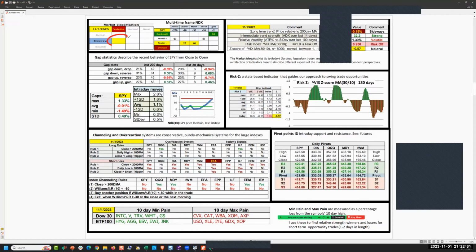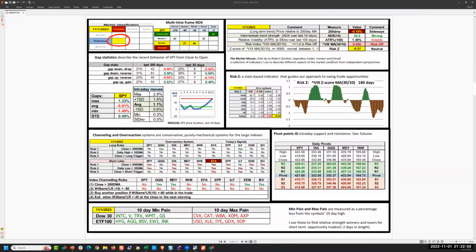We are in such a compound critical state. Sideways volatile, as I have said, is the ultimate compound critical state for short-term 30-minute, 3-minute bar trading. We've had a little bit of gains, but don't lose sight of this. This is becoming slightly favorable.